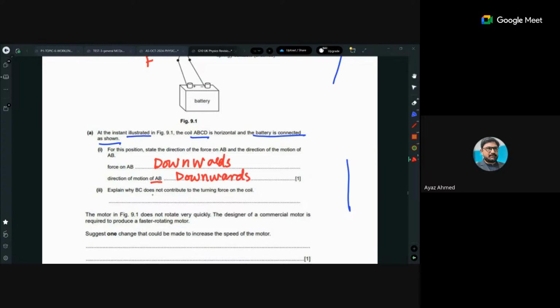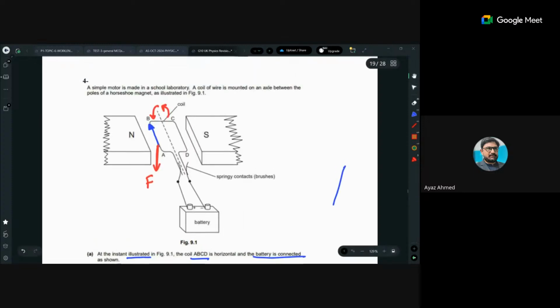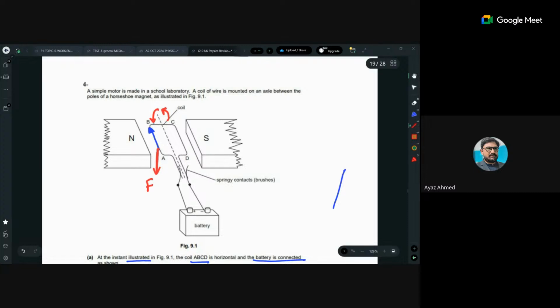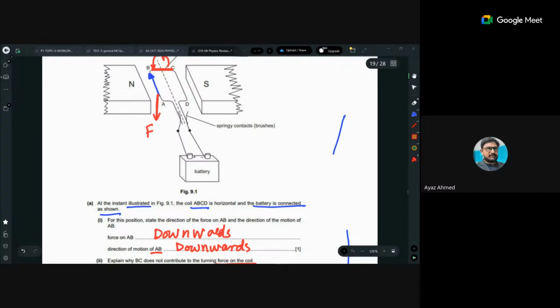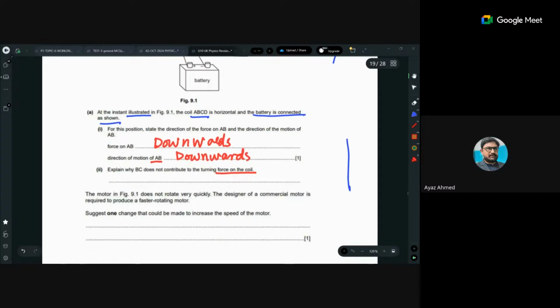And explain why BC does not contribute to the force on the coil. So go to that side BC. BC is parallel to the magnetic field, right? Did you see that? BC is parallel to the magnetic field line. That is why it will not experience any force. When the wire is parallel to the magnetic field lines, it does not experience a force. Try making your fingers parallel.